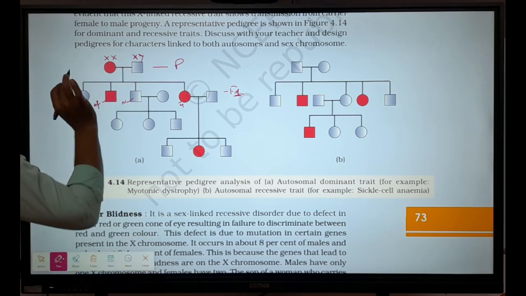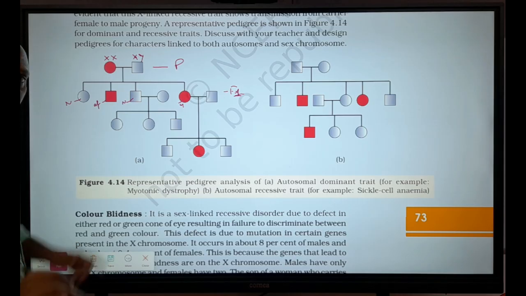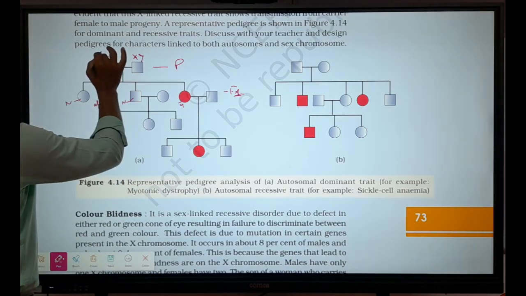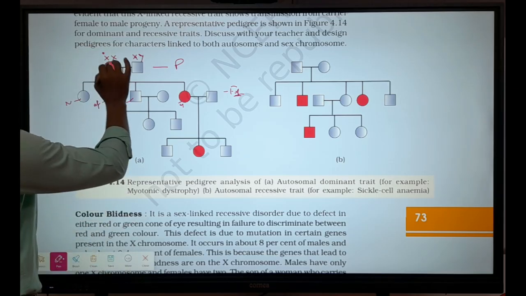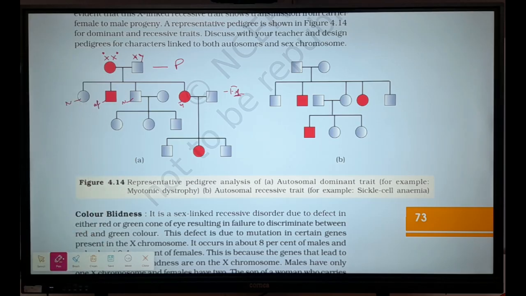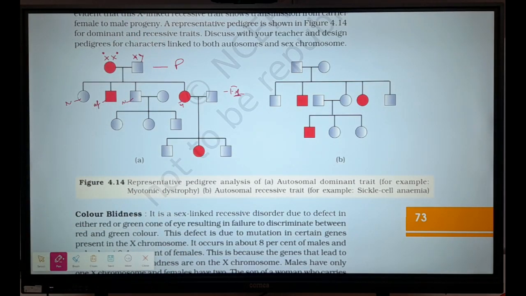If it is an X-linked trait, because she is affected, either it is dominant, then she is affected, or it may be recessive. In the case of recessive, both X are affected, because recessive can express itself in the homozygous condition, right?